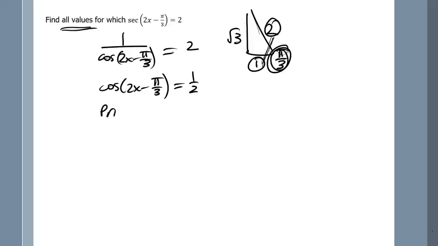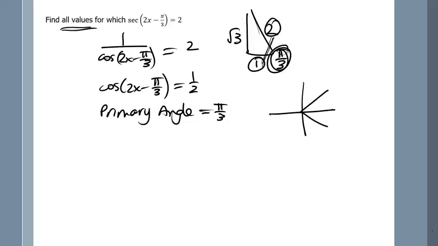So primary angle is pi on 3. Which quadrants is cos positive in? Cos is positive in the first and in the last quadrant. With cos, we get nice solutions, because this solution here we can say is pi on 3. This solution here we can say is negative pi on 3.